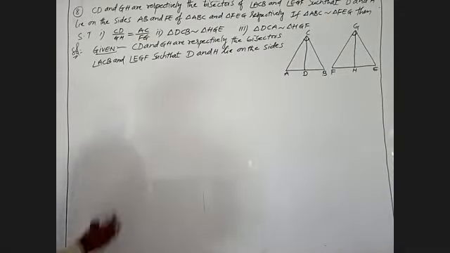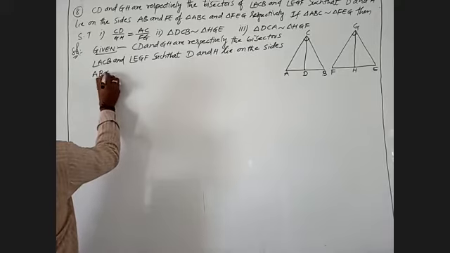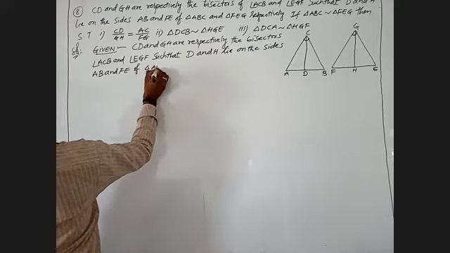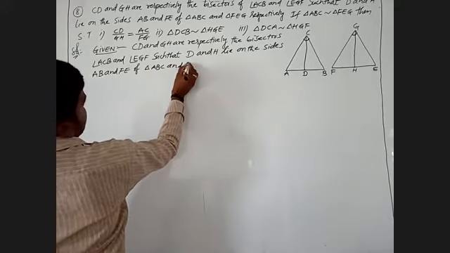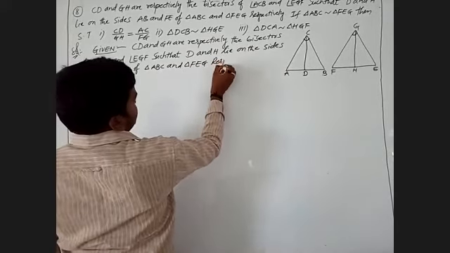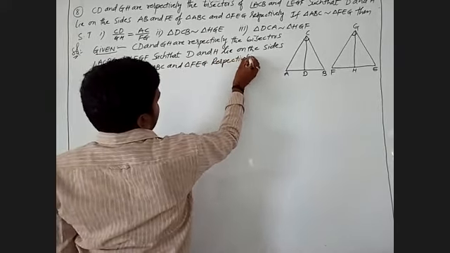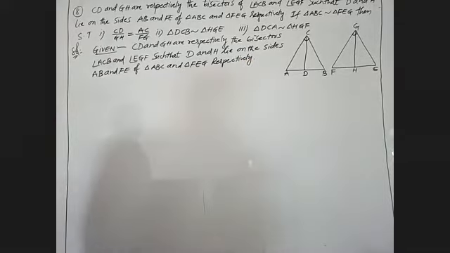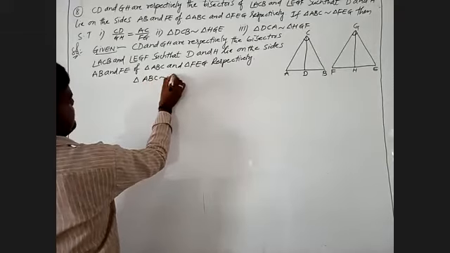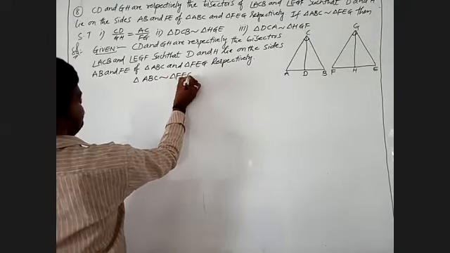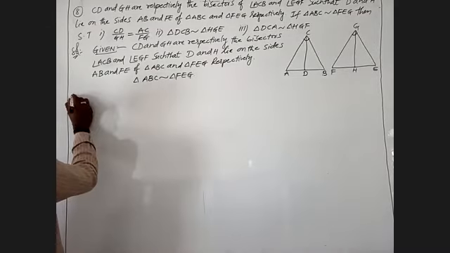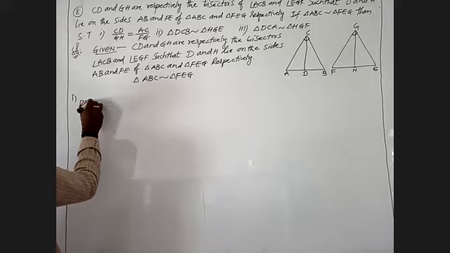D and H lie on the sides AB and FE of triangle ABC and triangle FEG respectively. And also one more statement is given, that is triangle ABC is similar to triangle FEG. Both are similar.